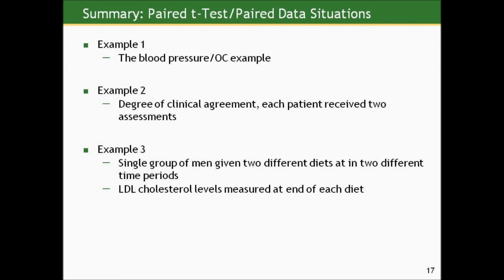In example 2, we had the degree of clinical treatment. Each patient received 2 assessments, so it was paired by patient, with 2 assessments from 2 different raters, 2 different doctors. In example 3, we gave the same group of men 2 different diets in 2 different time periods and compared their cholesterol levels at the end of each diet.